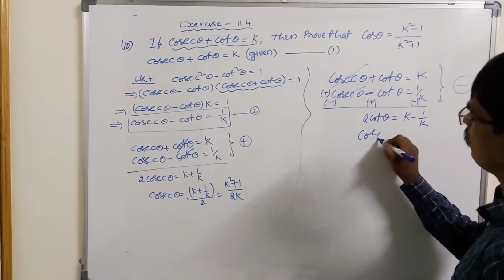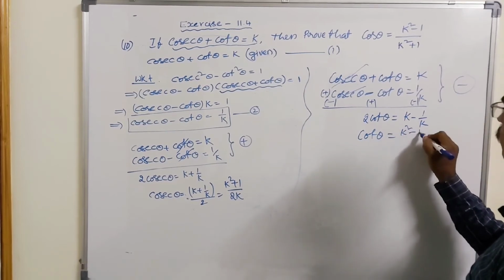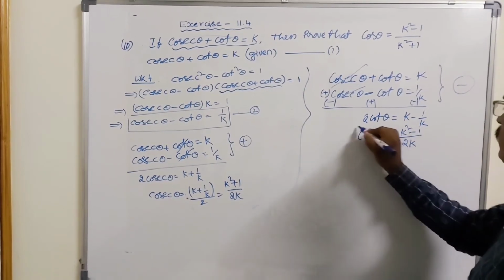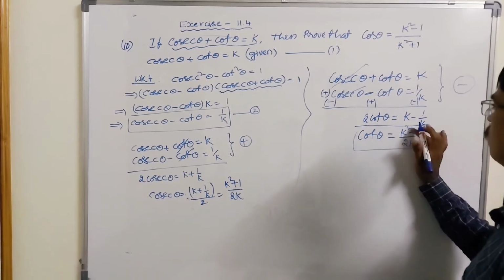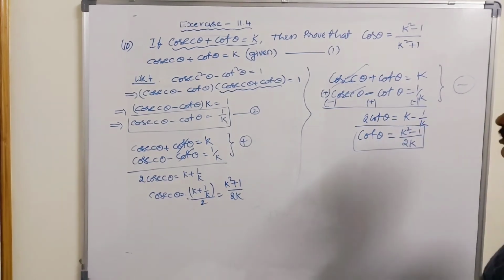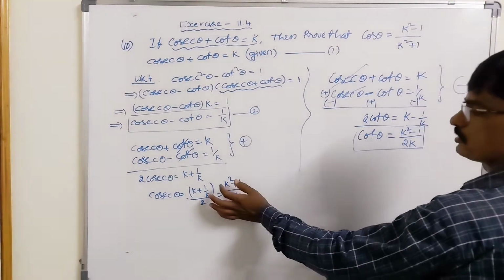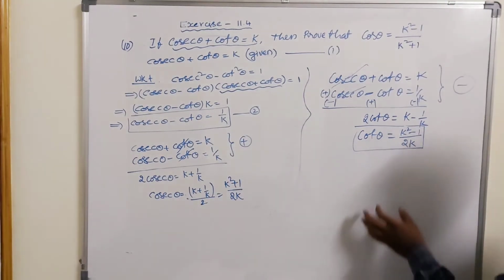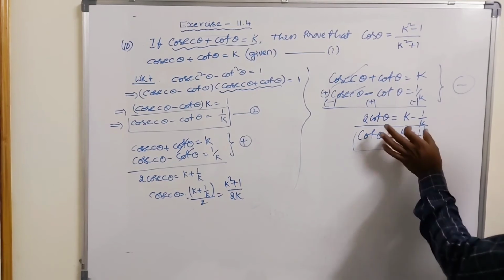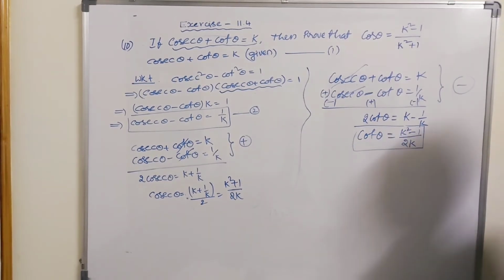Then cot theta is equal to k square minus 1 by 2k. Cosecant theta is equal to k square plus 1 by 2k. Cot theta is equal to k square minus 1 by 2k.